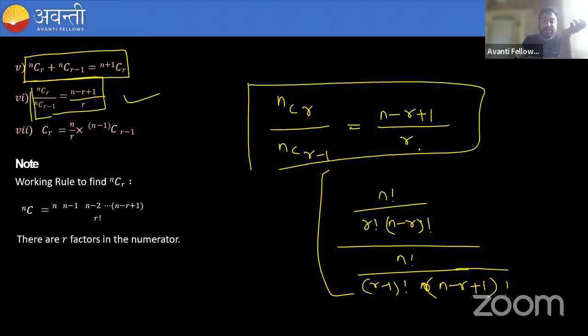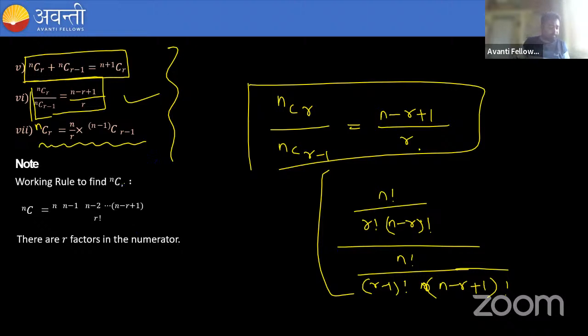So nCr is equal to n by r into (n minus 1)C(r minus 1). These are all formulae you need to remember, and they will be used when you are solving questions. They will be very useful in problem solving.